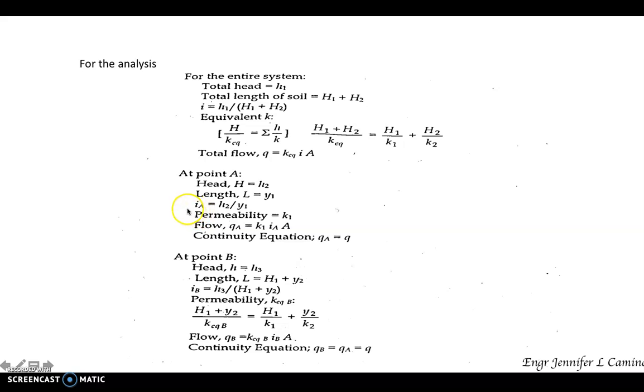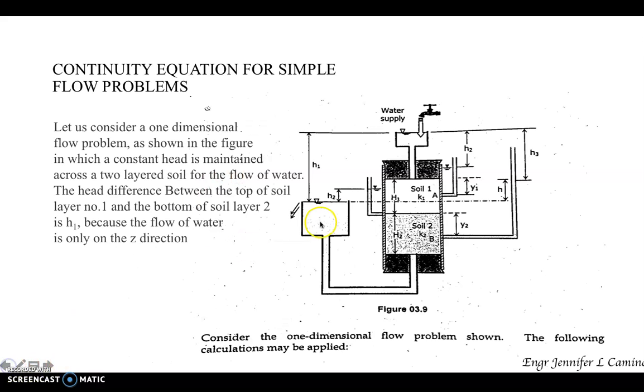Our hydraulic gradient is equal to the head over the length of the soil, so that is H2 over y sub 1. For permeability, it is equal to K sub 1, since point A is at soil 1. The water will pass through only one layer, soil 1, and point A is at soil 1.